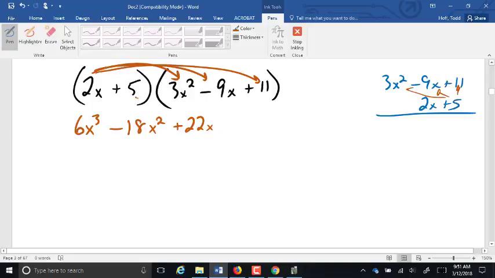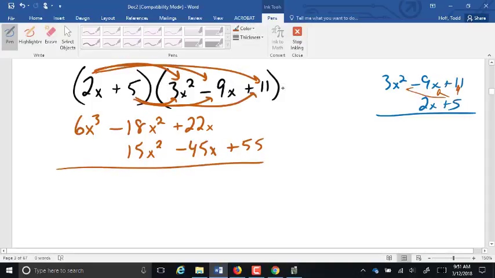Now we move to the next digit. 5 times 3x squared. It's a positive 15x squared, so I'm going to put it under my negative 18x squared. 5 times negative 9x. Negative 45x. Again, I'm going to put that under my other x's. And 5 times 11, positive 55.